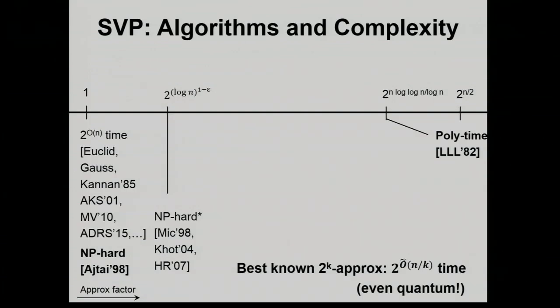It's not n to the 0.000001, but smaller than that, but very close. And that is NP hard, under randomized reductions and so on, but let's not worry about it. Okay, so that's what we know about the complexity. Poly time, I can do 2 to the n. 2 to the log n to the 1 minus epsilon is NP hard.